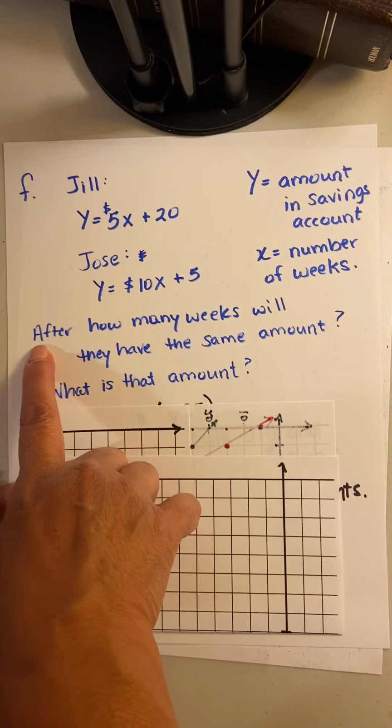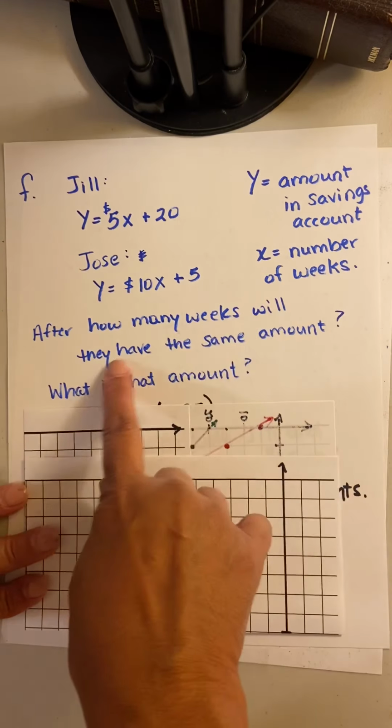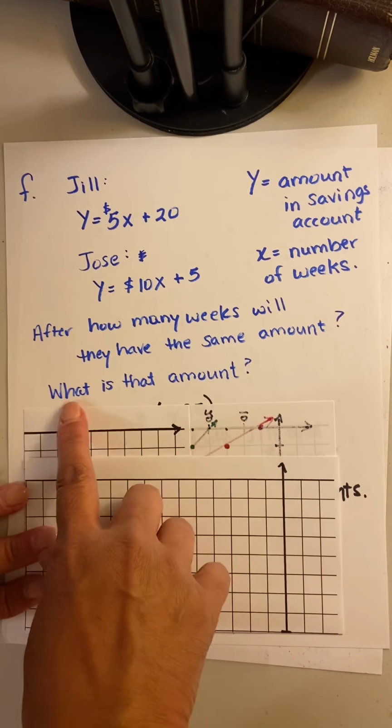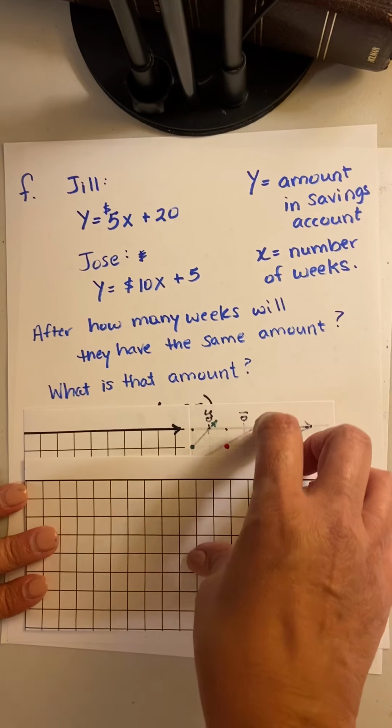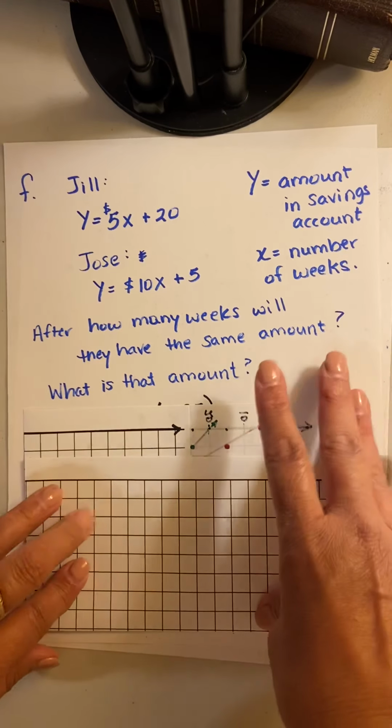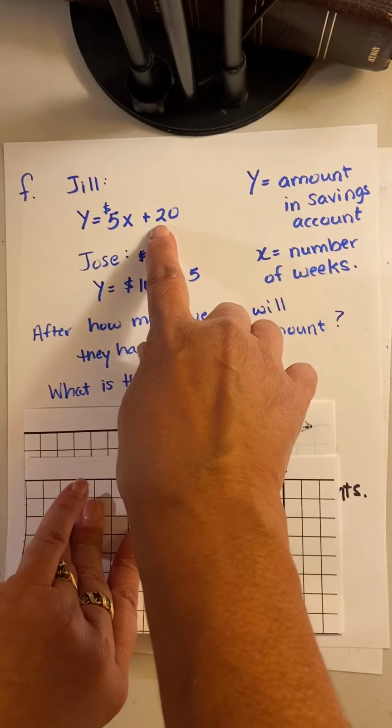So here's the question. After how many weeks will they have the same amount of money, and what is that amount of money? Now, I'm going to say this graph is not terrible, but I couldn't do it by ones.